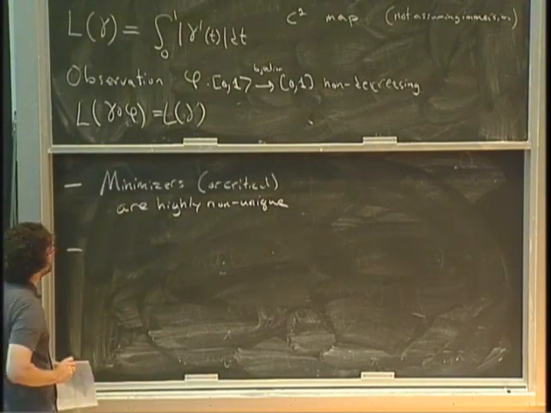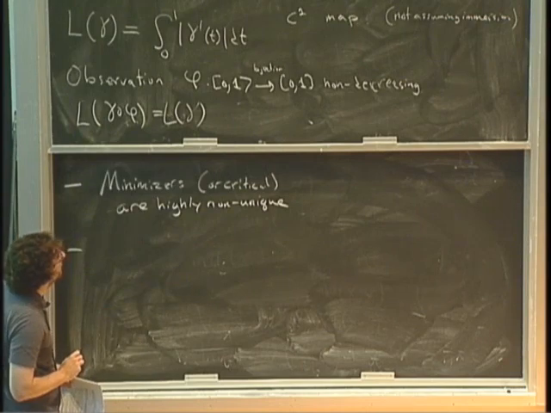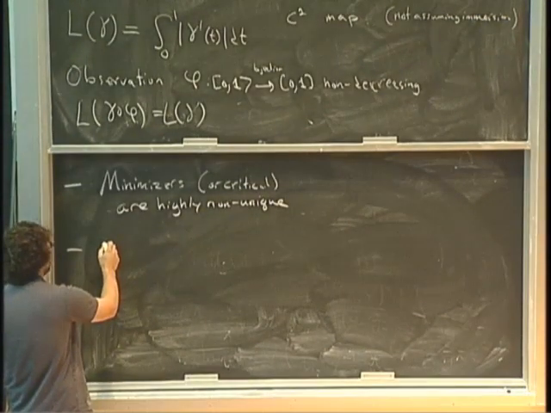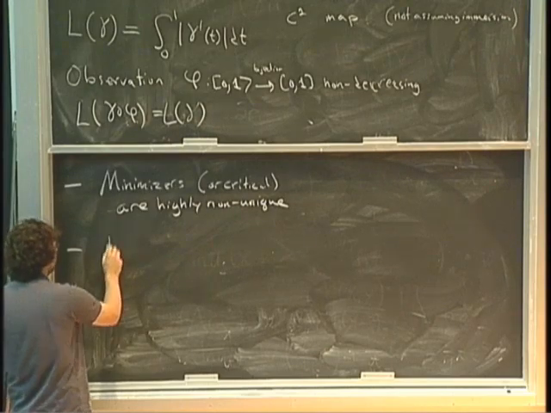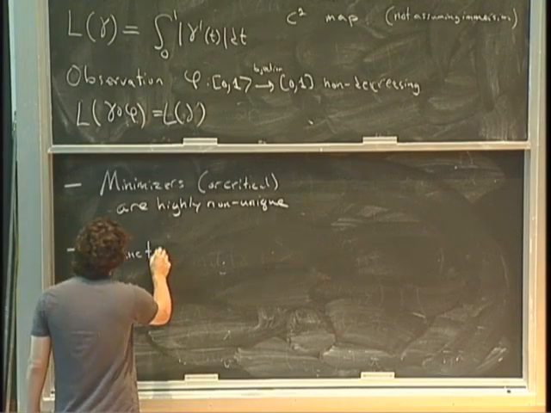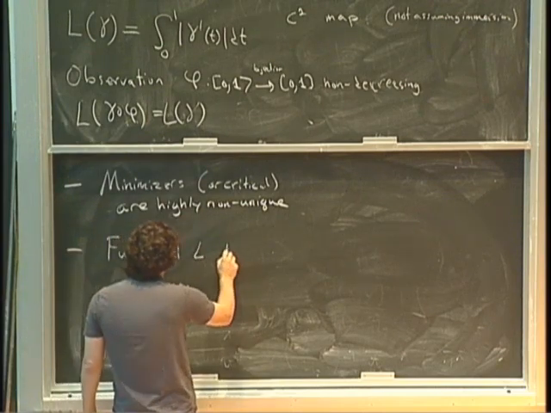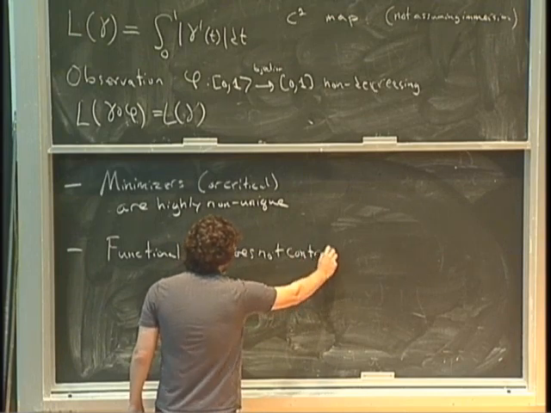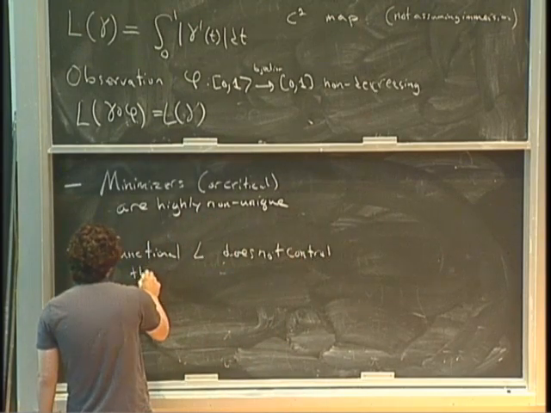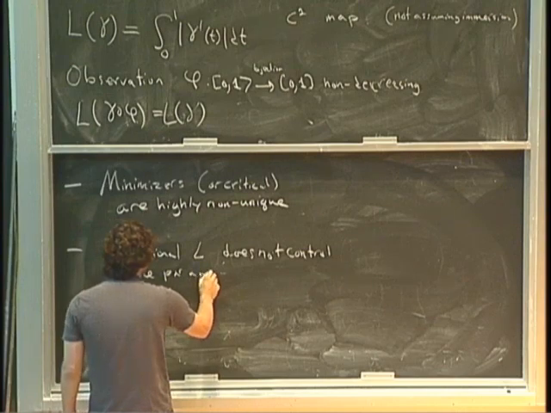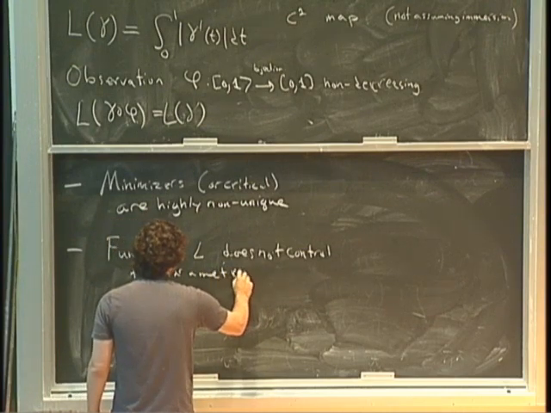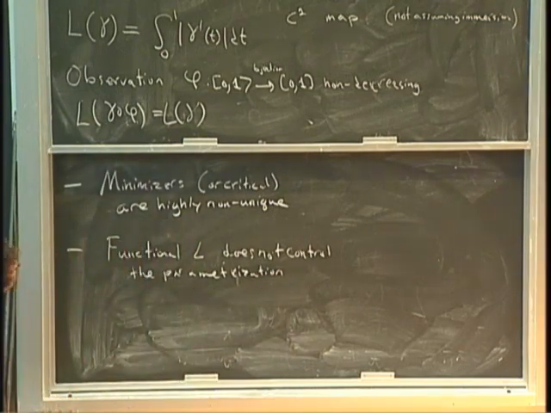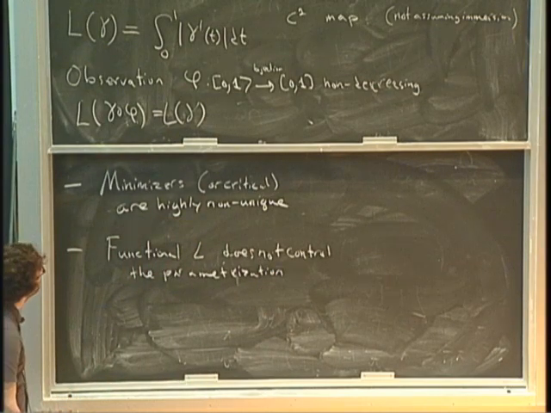So this really tells us, if we want to study these things analytically, that it's easy to see that the functional L does not control anything about the parameterization. It might tell you something about the image, but it certainly can't control anything about the actual parameterization.